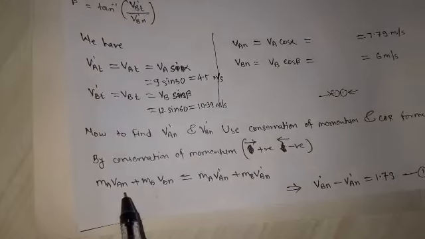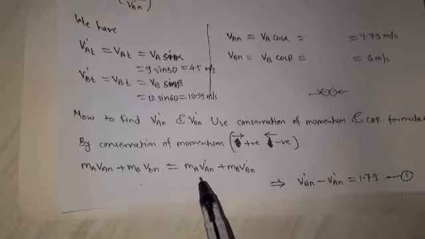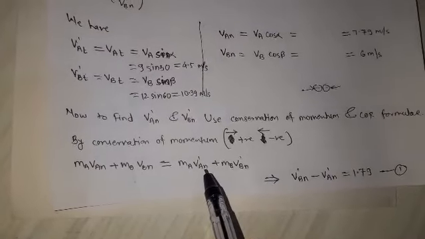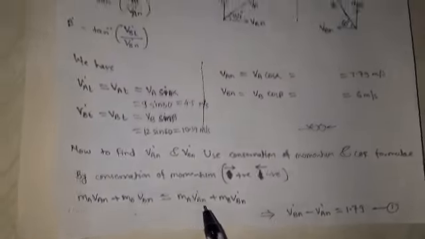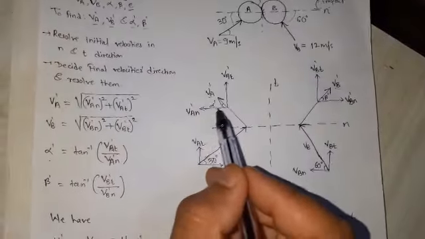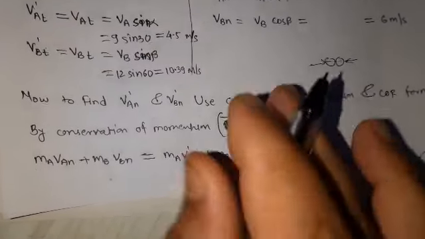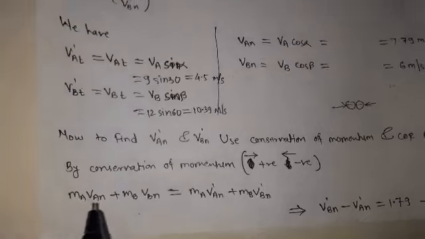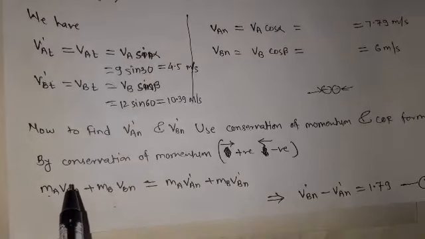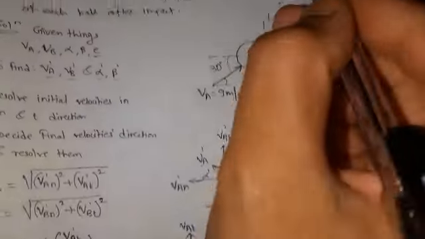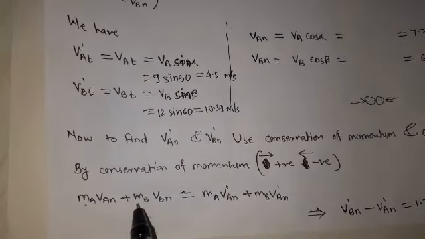So mA vAn plus mB vBn is equal to the final momentum after impact in the horizontal direction, mA vAn dash plus mB vBn dash. Rightward direction we assume positive and leftward negative. Now the question says the two balls are identical, which means the mass of ball A is equal to the mass of ball B.